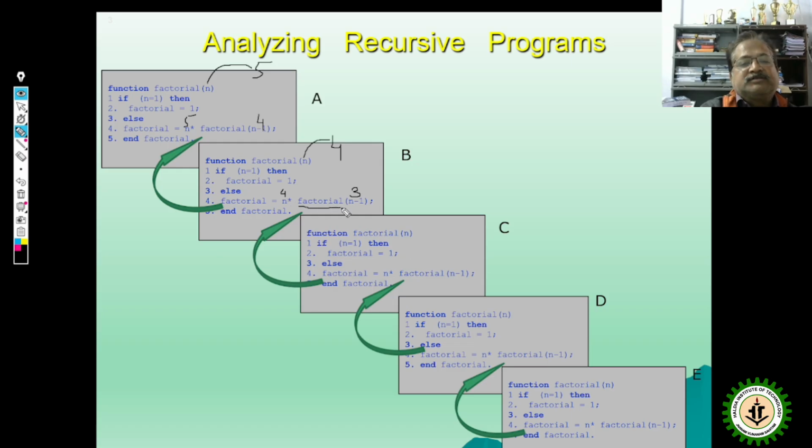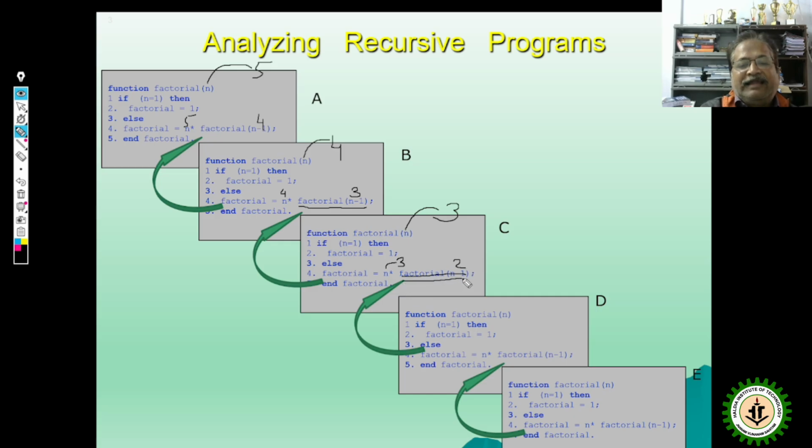Again, when it calls, this is a calling function, so it will inflate the same code in the memory, and now this will be 3 because of this function call with 3. So n is equal to 3, and n is not equal to 1. So here it will be 3, and this will be factorial of 3 minus 1, so this will be 2.